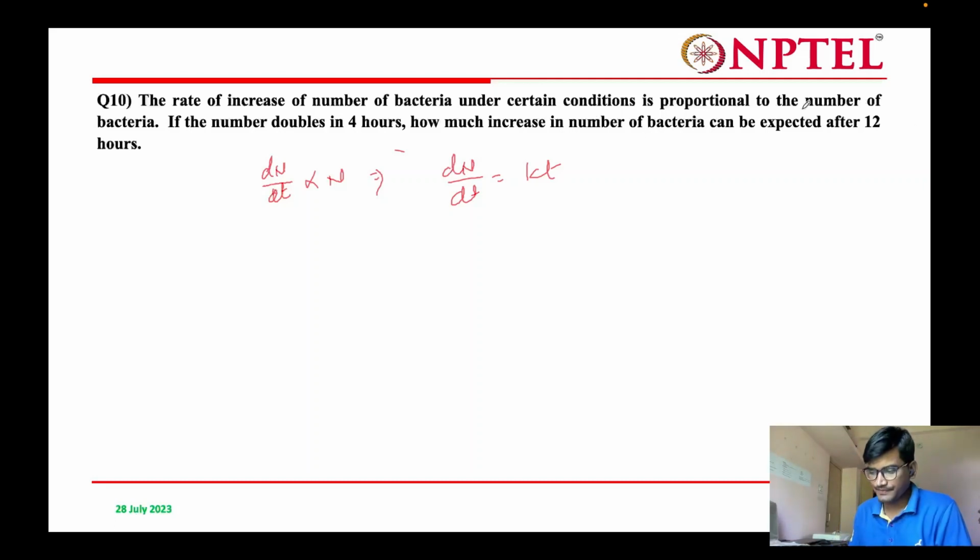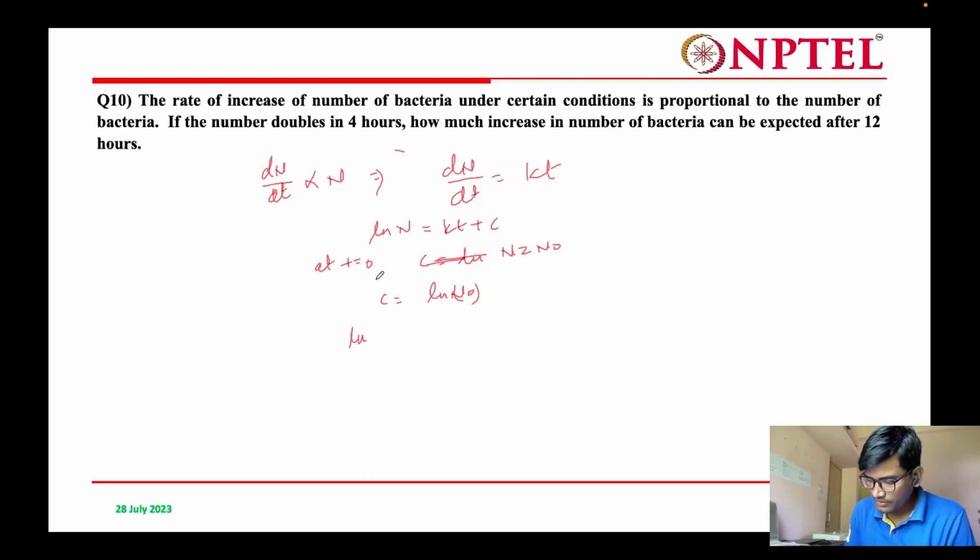So we have to calculate the number of bacteria. Now take integration, so ln N is equal to kt plus C. Now at t is equal to 0, N is equal to N naught, so C is equal to ln N naught. So ln of N by N naught is equal to kt. Right. So k is equal to 1 by t ln of N by N naught.